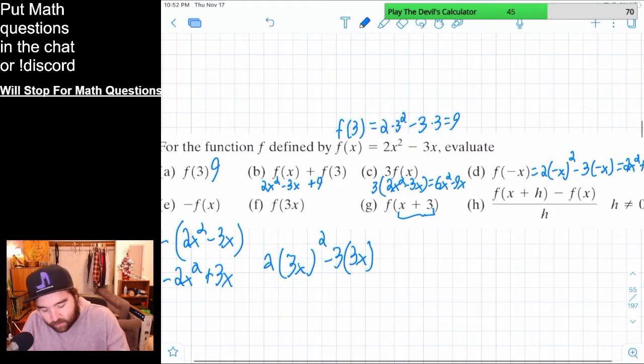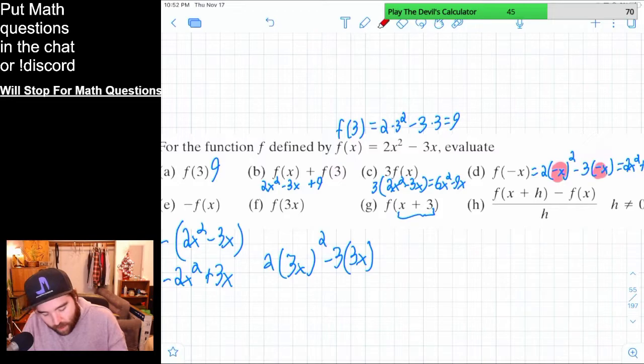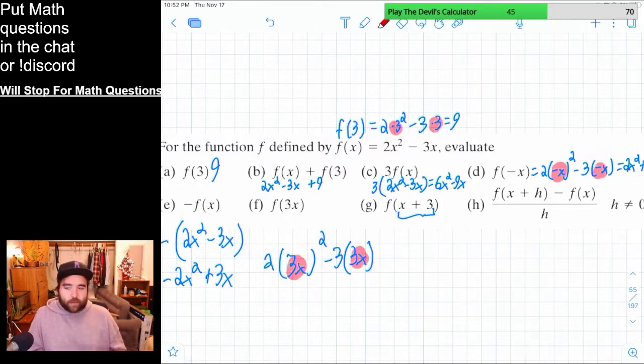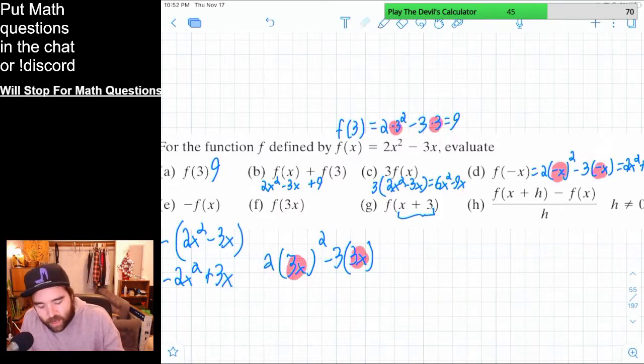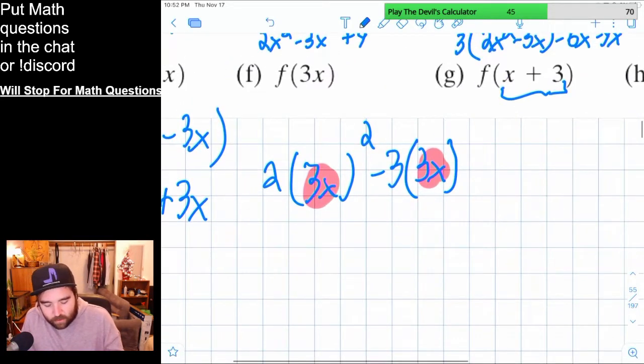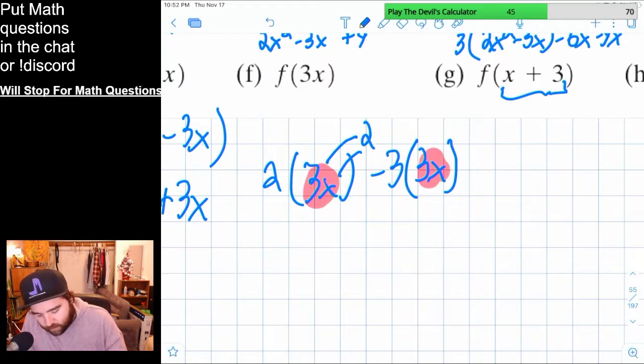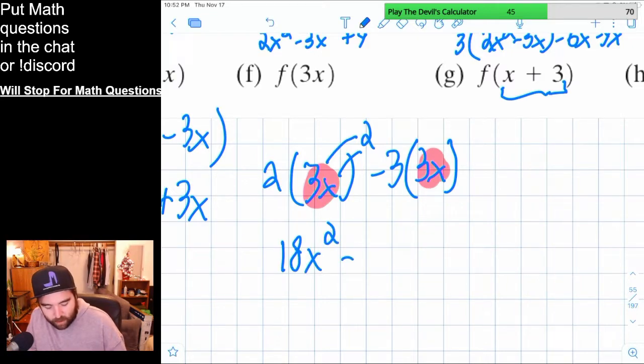Compare that to how we did that here, and here, and here. All exactly the same, just replacing it with different things. And so now we can simplify it. So 3x squared, how do you do that? Well, you just square both of them because they're just multiplied together. So we got 2 times 3 squared, so 18x squared minus 3 times 3, 9x.